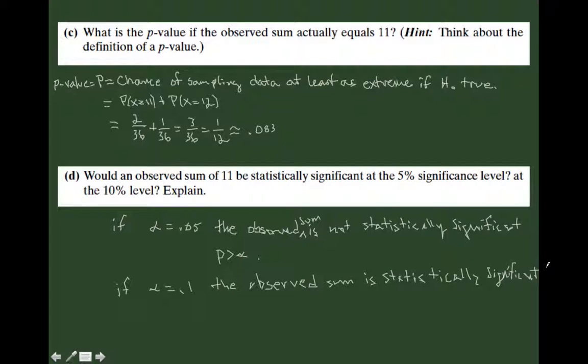Okay, so if alpha is equal to 0.1, the observed sum is statistically significant, because 0.083, or 8.3%, is less than 10%. So we would reject the null if alpha were 0.1. We would not reject the null if alpha were 0.05.